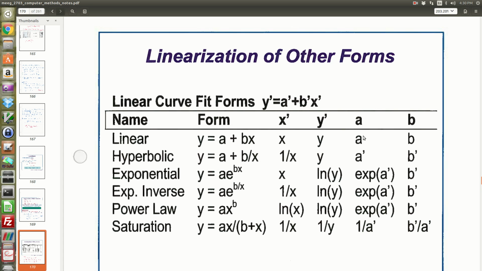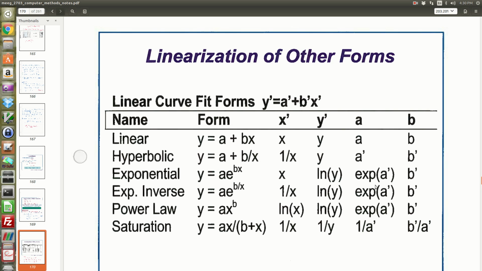These we're assuming are the parameters for the line, A and B. So if you want to get back to your nonlinear parameters, A prime and B prime are the linear parameters that I called a naught and a1. And A and B are the parameters for our nonlinear forms or models.